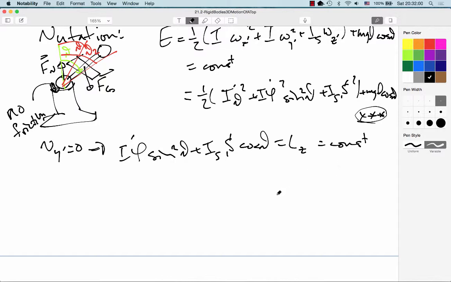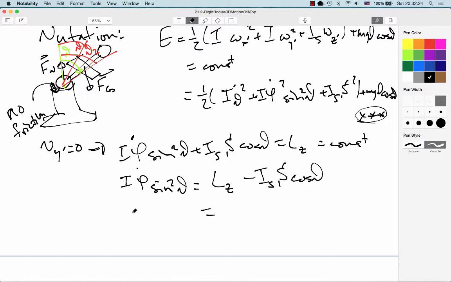All right, so drilling down on my phi dot, which is the name of the game here, I phi dot sine squared theta would be equal to L_Z minus I_S S cos theta, but that I_S S is L_Z prime. So we get that that's equal to L_Z minus L_Z prime cos theta.